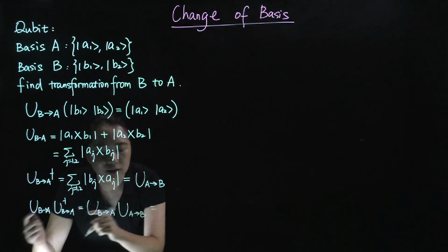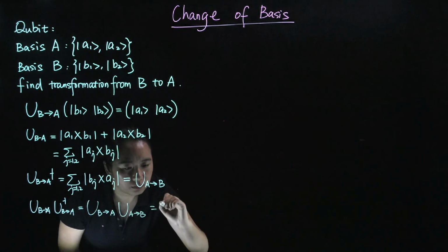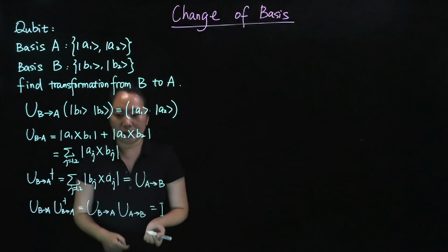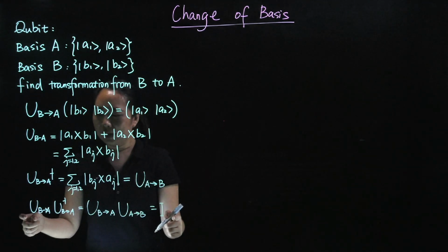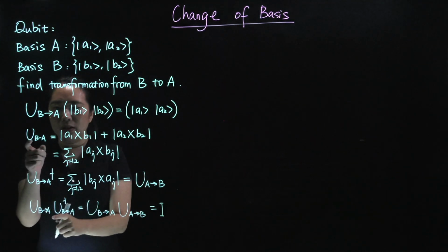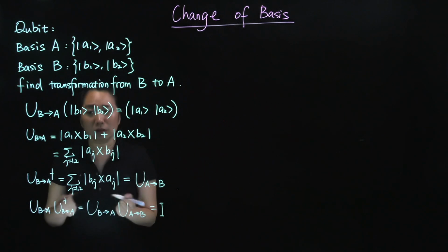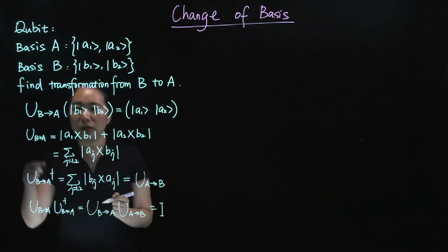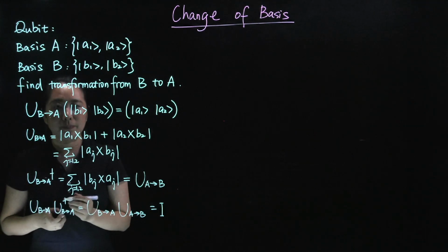So this operation does nothing to the quantum state. That is, it is identity. So from this, we can recognize that this operator U, B to A, is actually a unitary operator. That's actually why we denoted it by U, U for unitary.